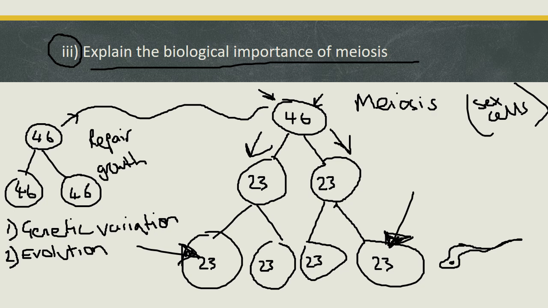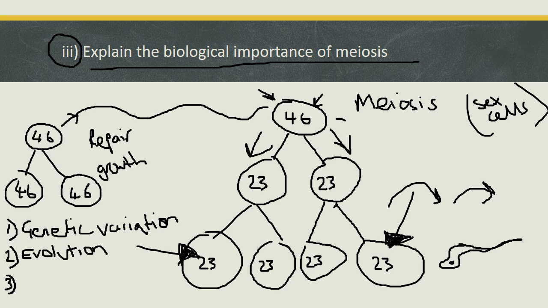Over a period of time, these genes, through generations and generations, allow us, because we pass those genes on, to evolve and to adapt to our surroundings and to our environment, which allows our species to be more robust in terms of survival. The third reason why meiosis is important is because of the mathematics involved.